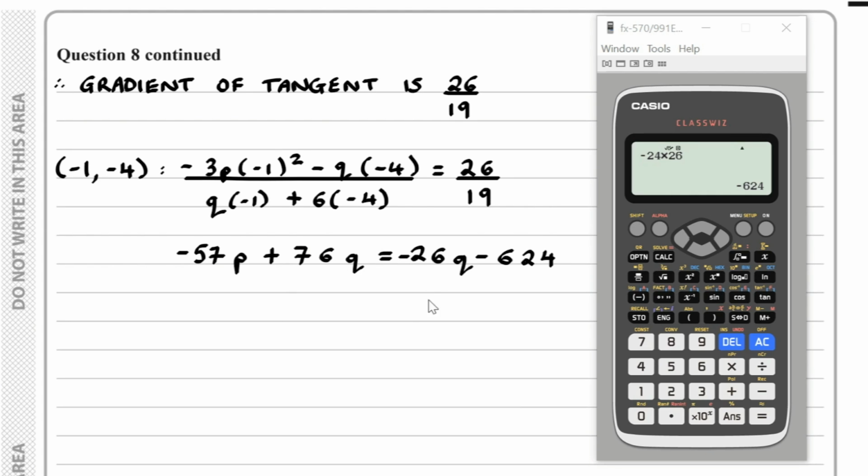So if we add 26q to both sides, 76 plus 26, that's 102. So we have minus 57p plus 102q, that's equal to 624.